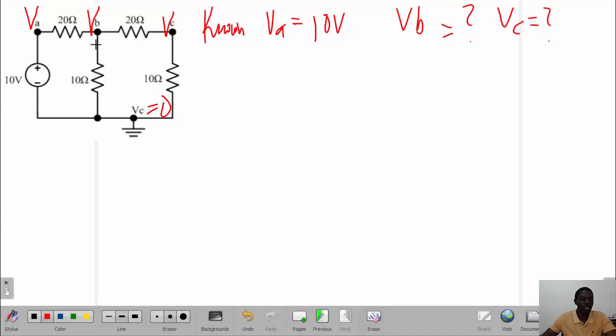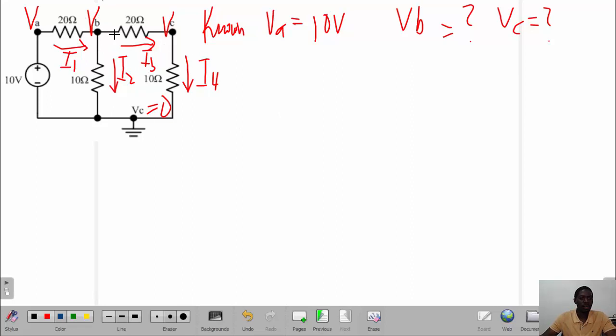from the circuit. So to find VB, since VA is known, we choose the arbitrary direction of current flow. So we have I1, we've got I2, we have I3, and we have I4. So we begin solving.